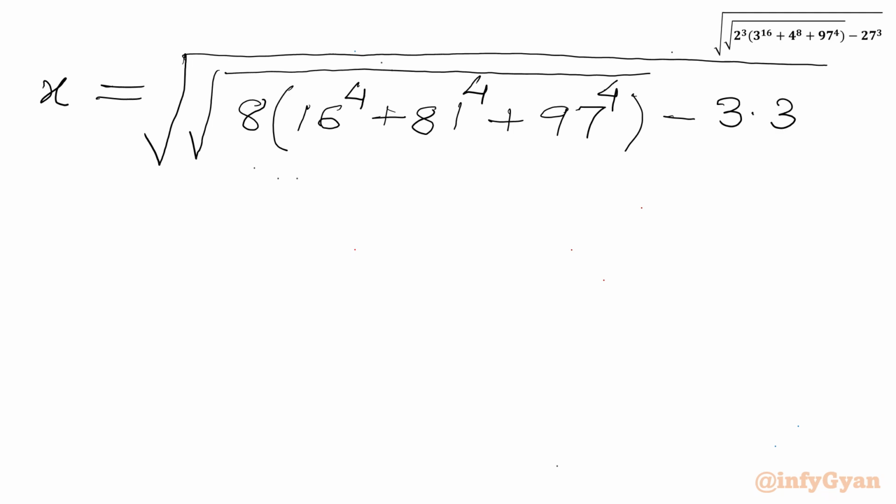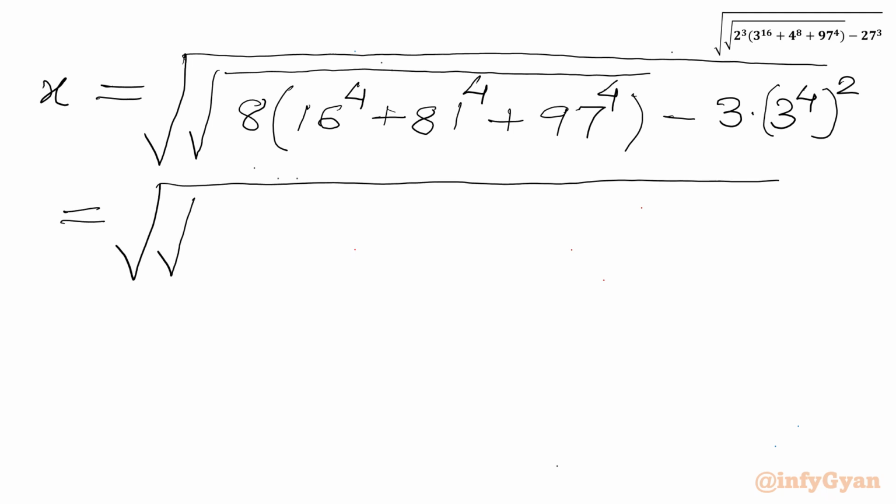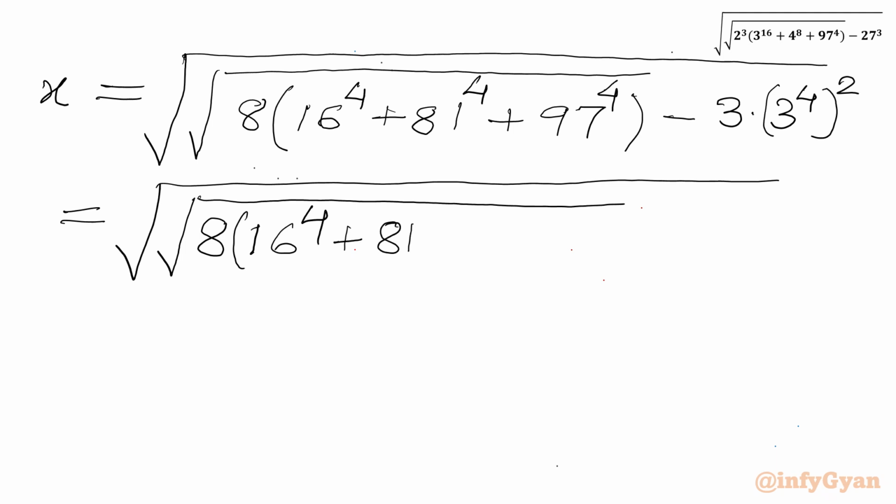So we can write 3 power 4 whole square. This will be equal to square root of 8 times 16 power 4 plus 81 power 4 plus 97 power 4 minus 3 times 3 power 4 is 81 square.